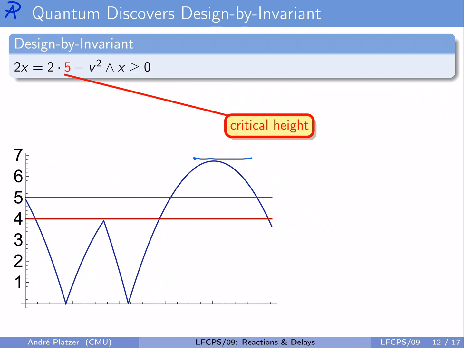So by understanding what happens to our invariant, we can right now already predict how the ping pong ball will be flying as gravity is acting on it. Here, because we're computing the critical height by this invariant, we will understand that it could be climbing too high. In fact, it will. So let's use that invariant for design by invariant principle.